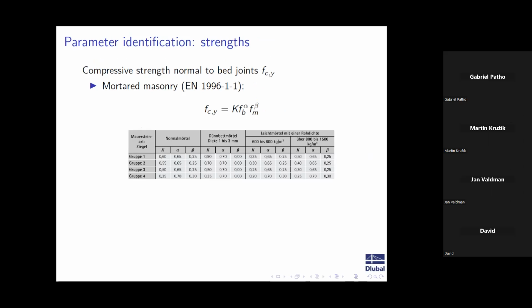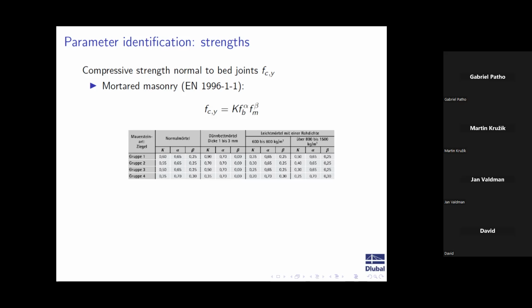One little note, maybe you have also noticed: fun fact, if you make some unit checks, this will not work if your alpha plus beta does not add up to 1. So I needed to check this with the guys who deal with the Eurocode day by day, like how to actually assess these things, because in our software internally we always have SI units. So how should we relate to these?